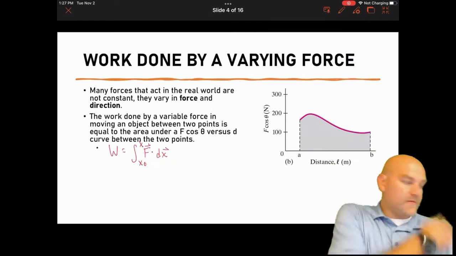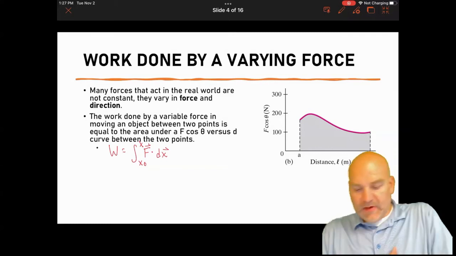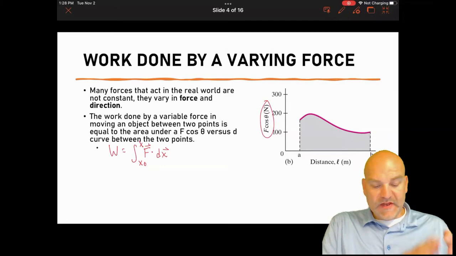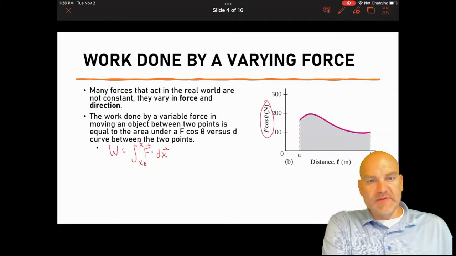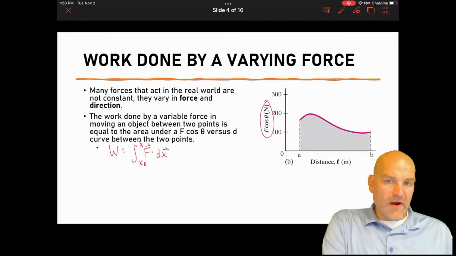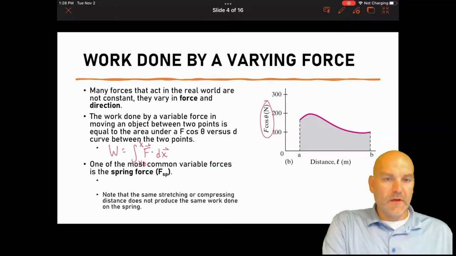Again, these are vectors, and that dot product is why you have this F cosine theta running around. But you can see it's the integral from your initial x position to your final x position of F dot dx.